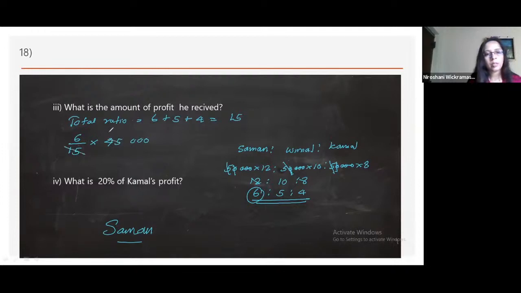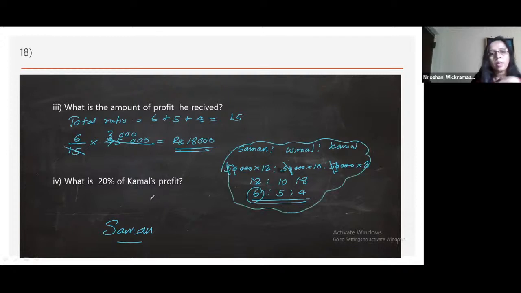How many 15s are here? 3,000 times 6, 18,000. Saman gains 18,000 rupees as profit.